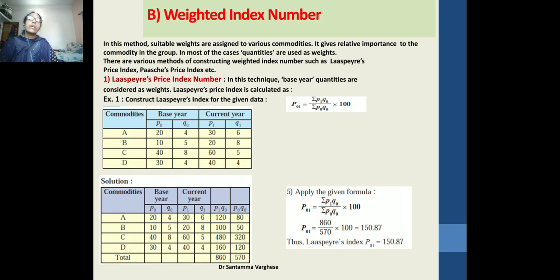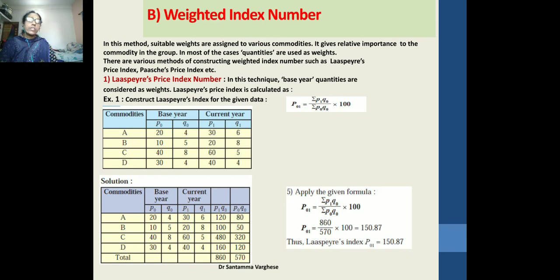Just see. Now, commodities A, B, C, D are given, and we have the base year and the current year. For the base year, the prices are 20, 10, 40, 30, and the quantities of the commodities are 4, 5, 8, 4.